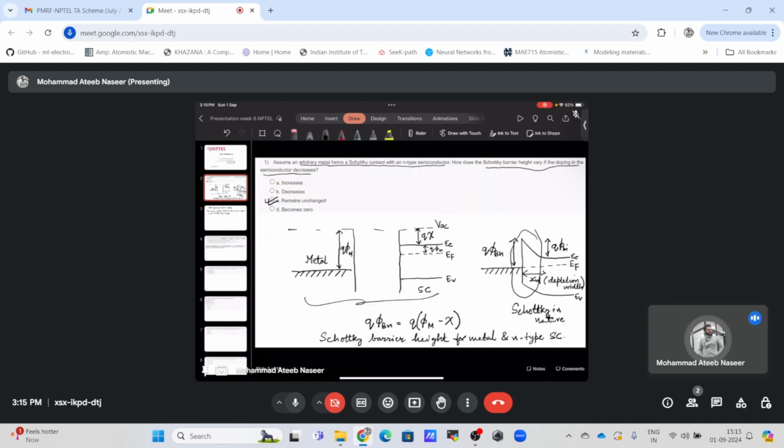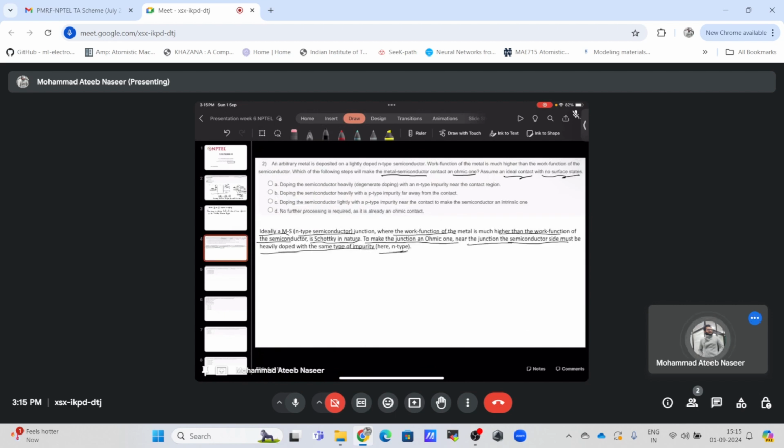If I draw this again, this is the metal, this is the interface, and this is highly doped. This is EC, this is EF, this is EV, this is the Schottky barrier.